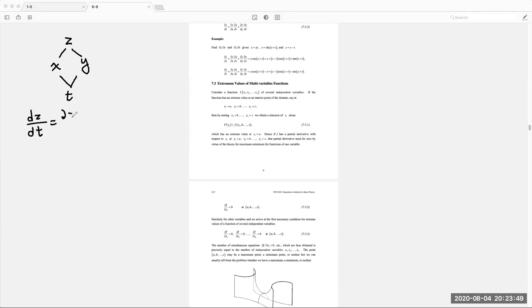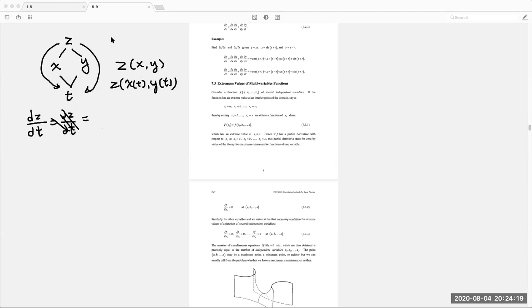These two are actually the same, because you can always express z in terms of t if x and y are functions of t. And then there are two routes to go from z to t, this one and this one.